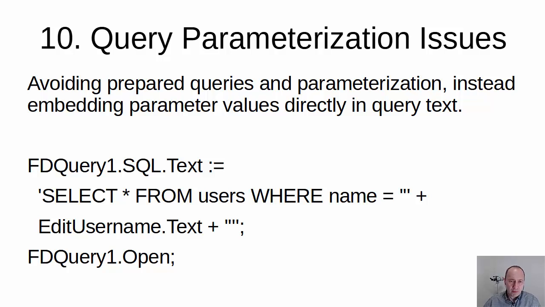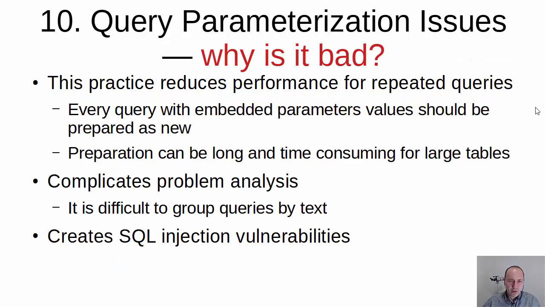What is the problem with this? First of all, it is bad because Firebird will need to prepare this query every time it is started. You cannot prepare it with parameters and use it many times. So there will be a prepare step.